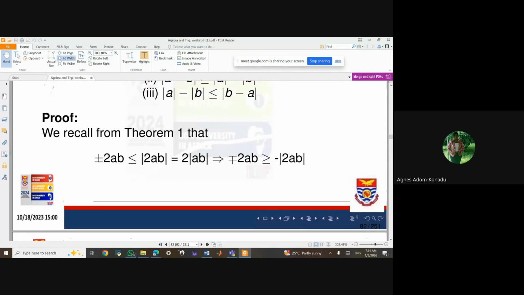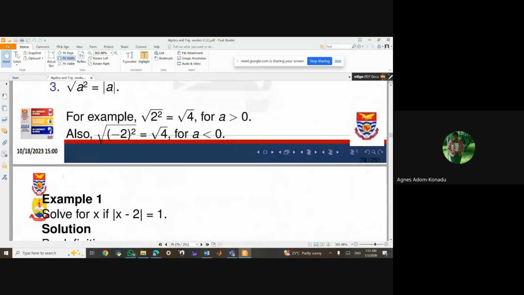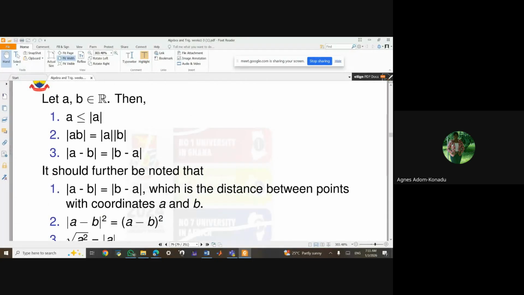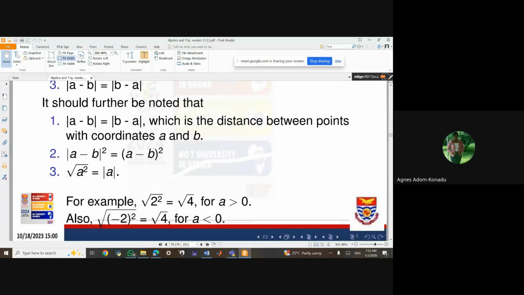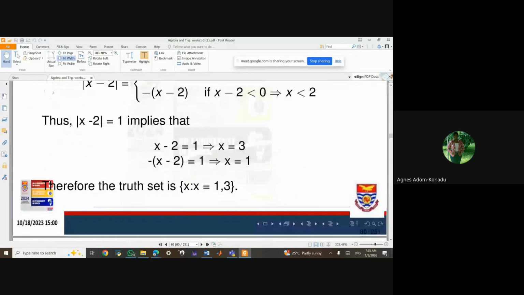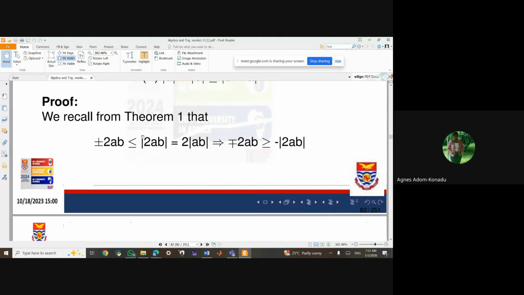It says that we should recall from theory 1 that plus or minus 2AB is less than or equal to absolute of 2AB. Okay, so I think it is somewhere here. Where do we have 2AB? Okay, so the theory 1 we are using is here.